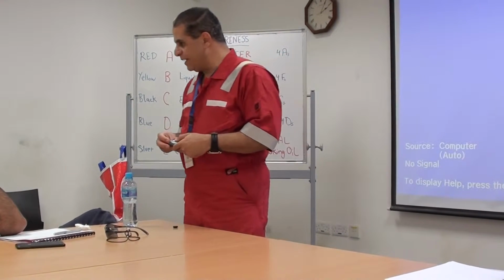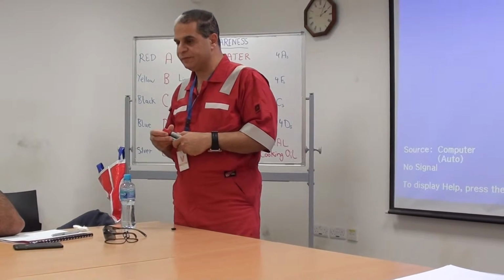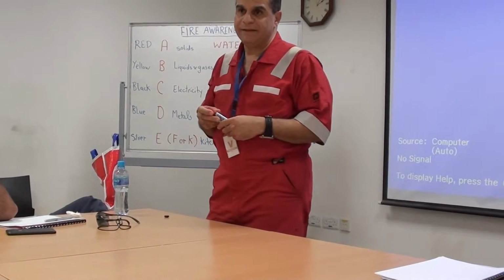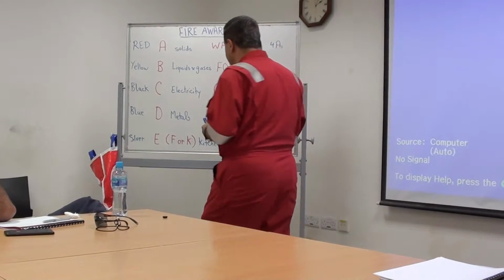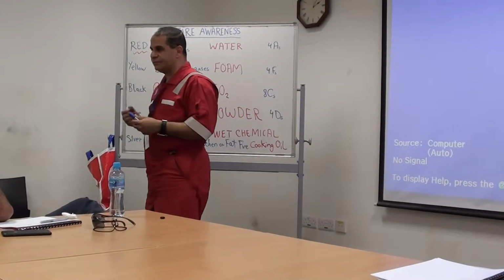The human body has the blood. The blood is red in color. The animal and the plant cannot live without the blood and the plasma. Because the blood color is red, we label this class with the red color.